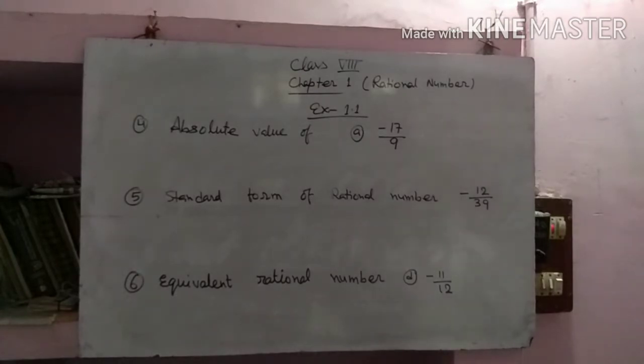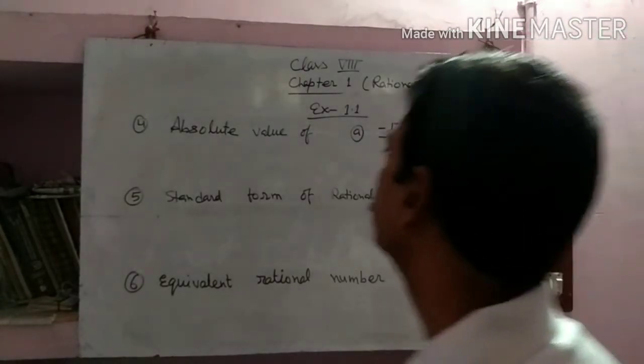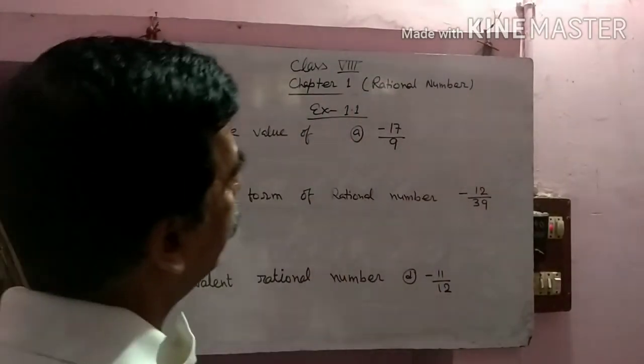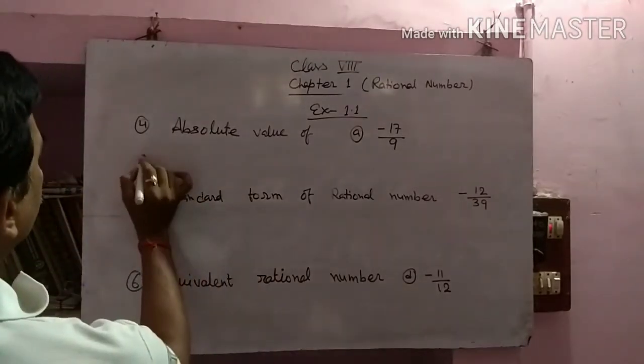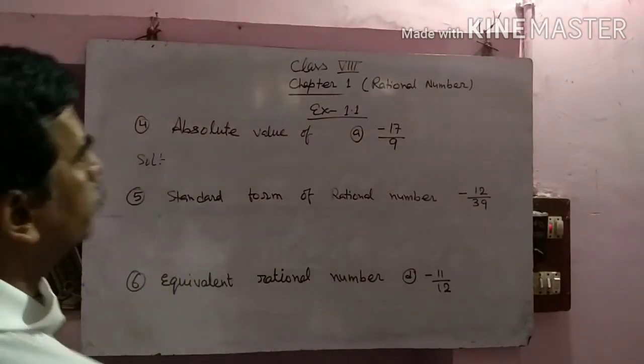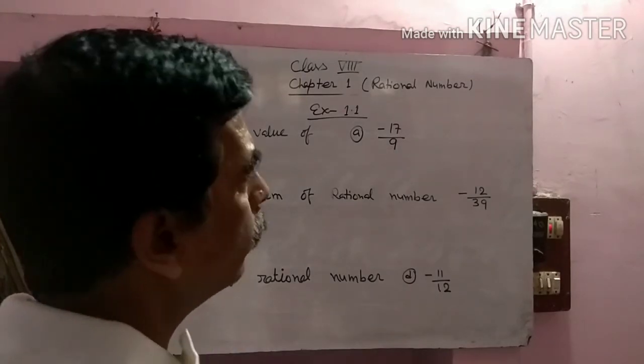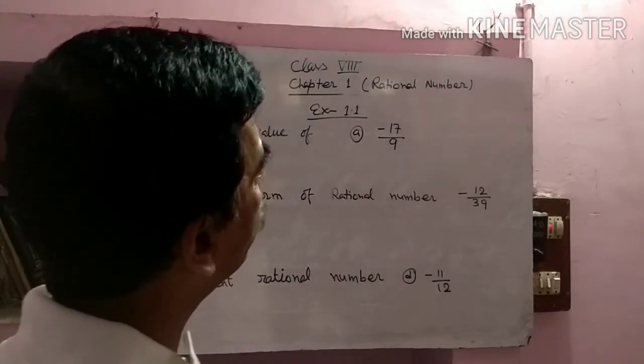Another question of the same exercise is the absolute value of the given number minus 17 by 9. As we discussed, the absolute value of a positive number is the number itself, and the absolute value of a negative number is the negative of that negative number.